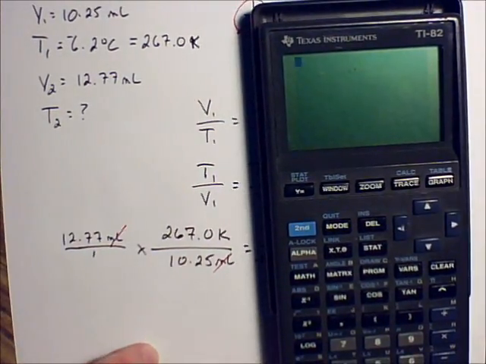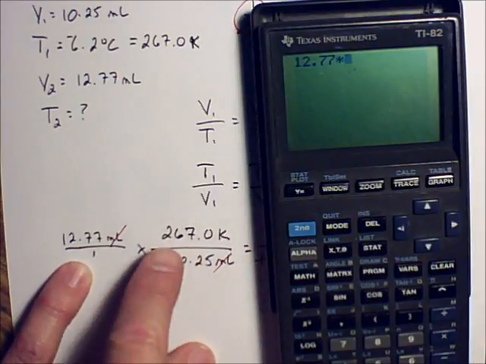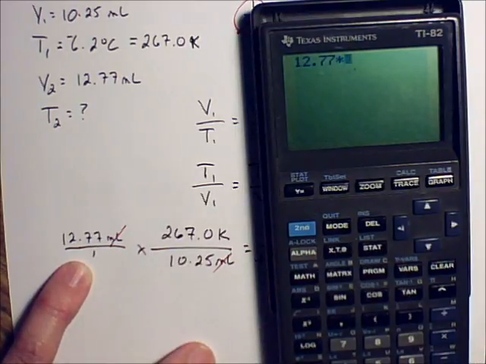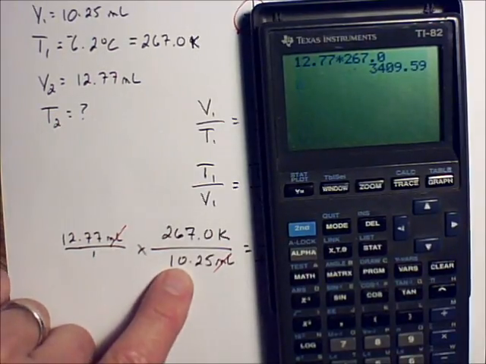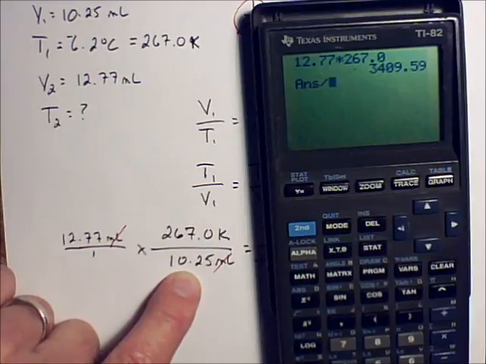So what we want to do here is take 12.77 and multiply it by 267.0, hit enter or equals, and then as a separate operation take that number and divide. If you hit your divide button, it'll say something like answer divided by, or it might not say anything, but it's doing the division. Most calculators do it that way.